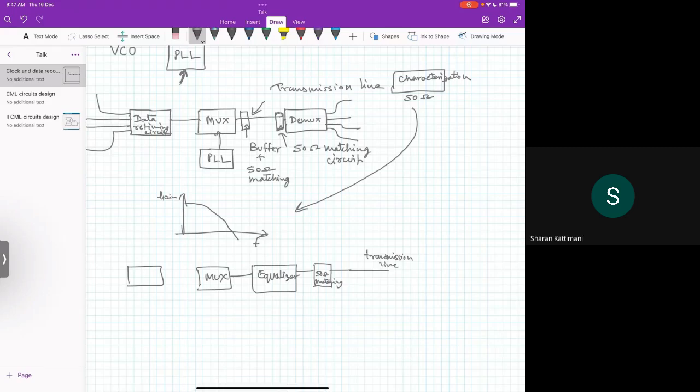Okay, so this is data retiming. So now you can see the challenges even in a simple transmitter, and here we need to design a PLL.